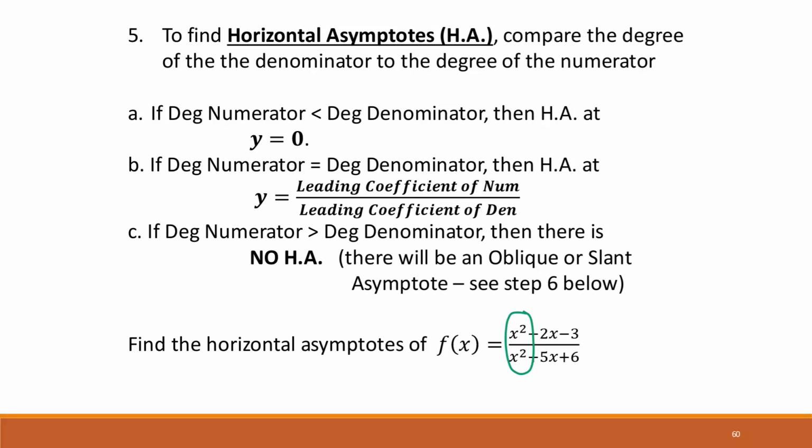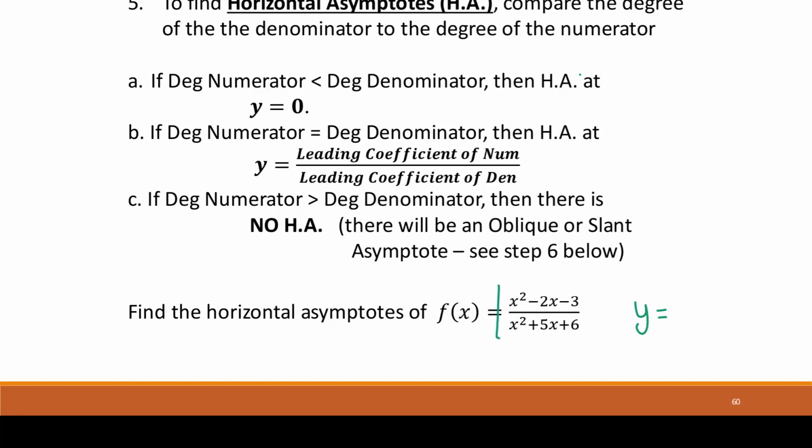So that means that we would have y equal to 1, because the degrees are the same and we have the leading coefficients. The leading coefficients here are 1 and 1. So that's where y equals 1 comes from. So y equals 1 is a horizontal asymptote.